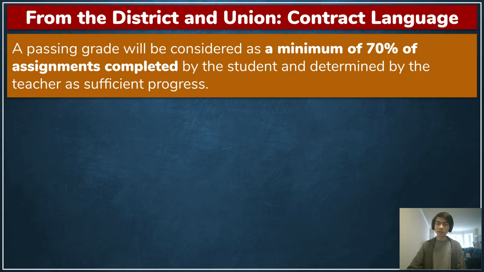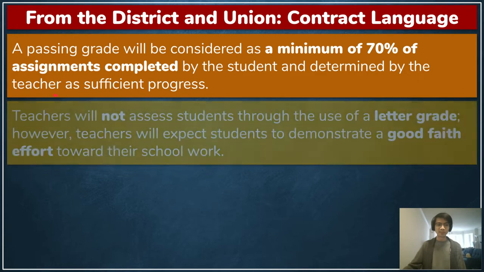And if you achieved completion, achieved sufficient performance on 70% of that total number of assignments, then you receive a pass. Okay. And that will be determined on a teacher by teacher basis and on an assignment by assignment basis.